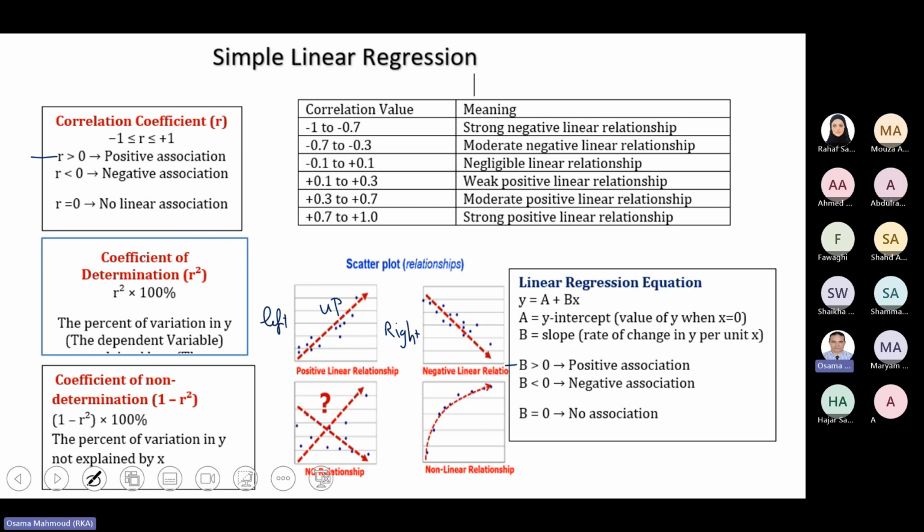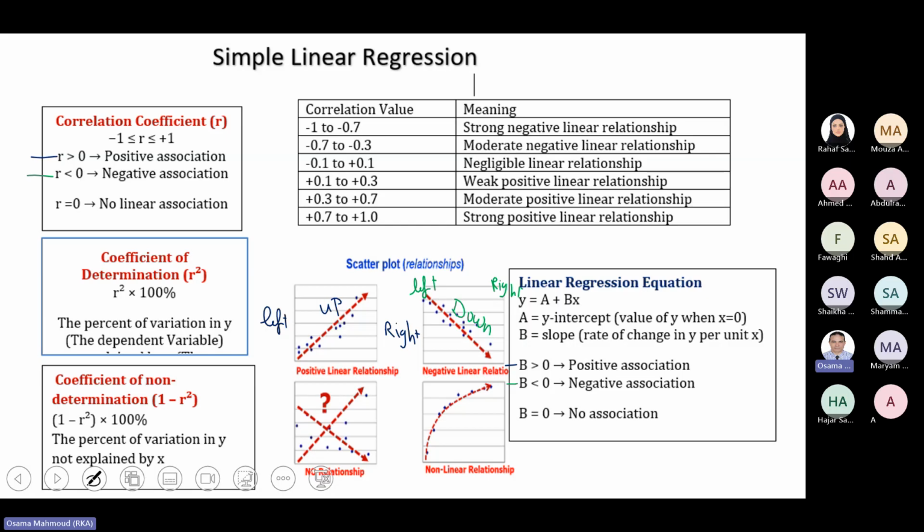Also, if R is negative, the slope should be negative, and the scatter plot from the left to the right is going downward, right? If the correlation coefficient R is negative, or the slope is negative, or the scatter plot from left to right is down, it means the linear relation is negative, right?